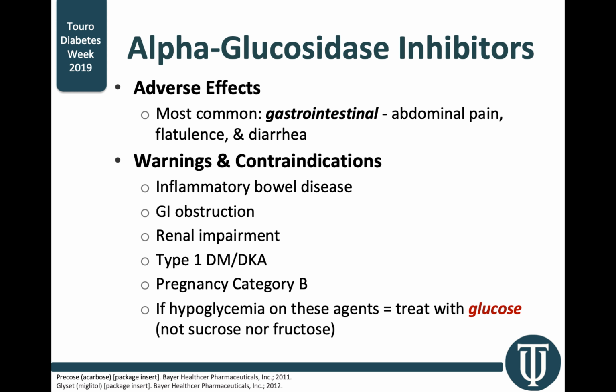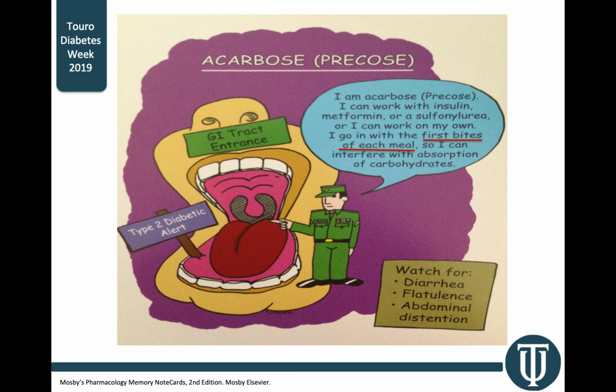In terms of pregnancy category, this class of agent is category B. As I mentioned earlier, if we need to treat hypoglycemia while on this agent, we will need to treat using glucose, not sucrose or fructose. One thing I would like to point out here is this medication is taken with the first bite of each meal.